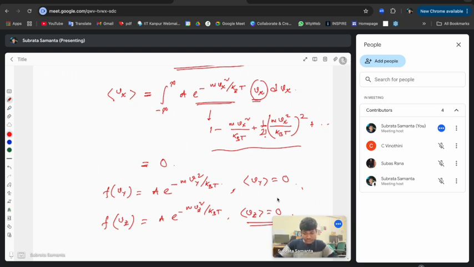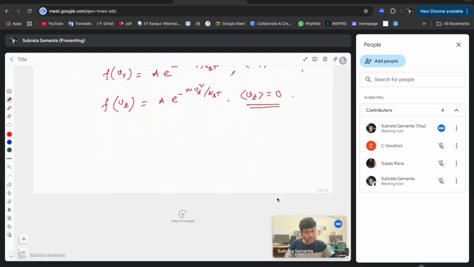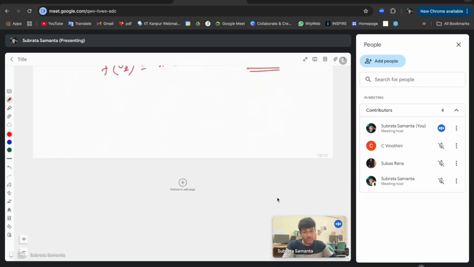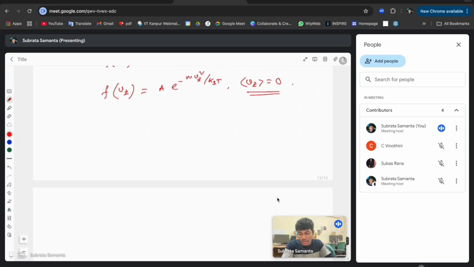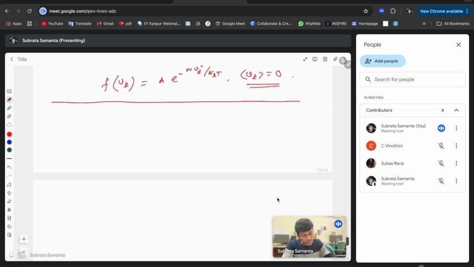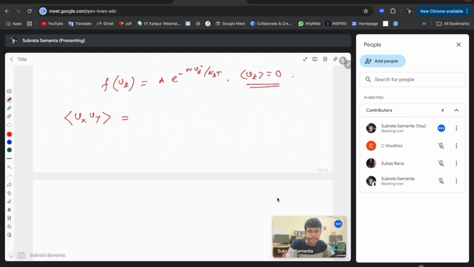But now I want to calculate the speed distribution. These are the velocity distributions; now I want to calculate the speed distribution. First of all, if we want to compute not the vx average, not the vy average, but their product and take an average, what is the average value of vx vy?